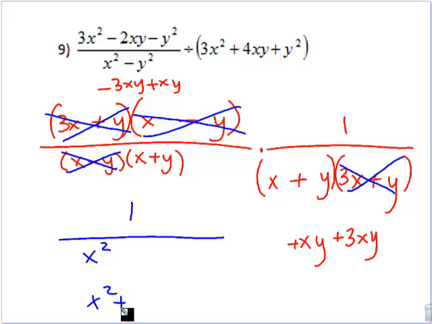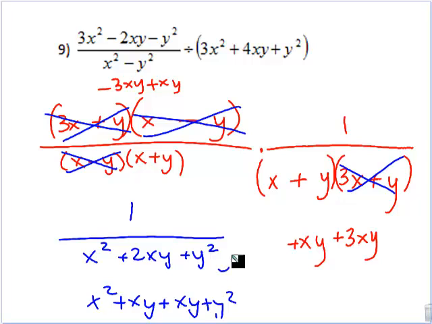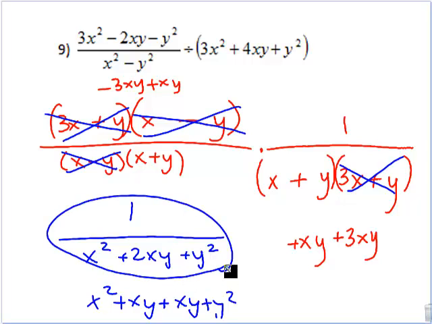X squared, what's the outside terms going to be? xy, the inside terms would be another xy, right? And then the last would be a y squared. So when you combine your outside and your inside together, what do you get for this one? 2xy plus y squared. There's our simplified. Is that okay?